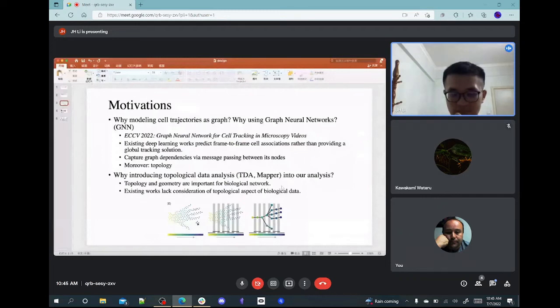We have points here, and after Mapper, these points will be located in here, and it's like a cluster. And then when you're doing message passing on this network, that means the points in this cluster, and you can see my cursor.